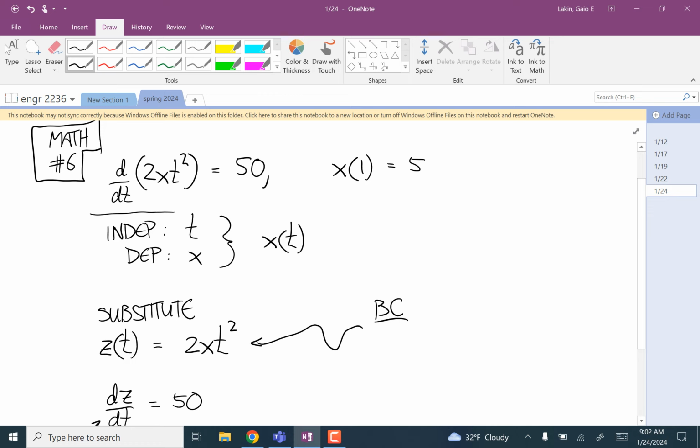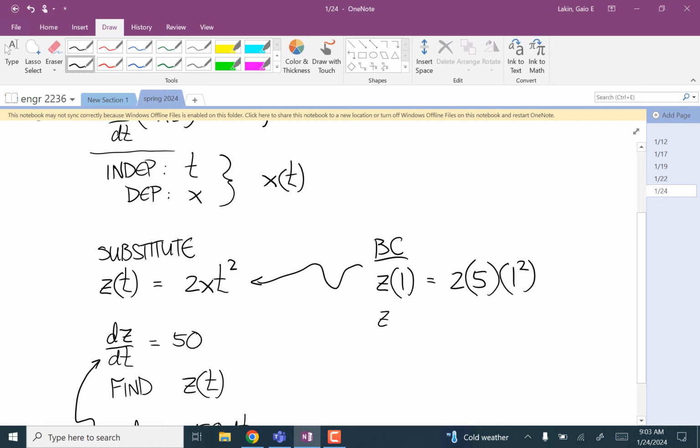So you can think of z when t is equal to 1 as being 2 times what x is equal to times what t is equal to squared. And so your new boundary condition is that z of 1 is equal to 10.